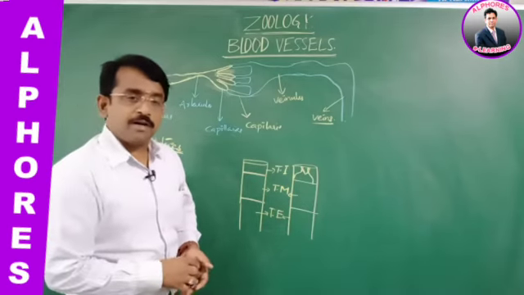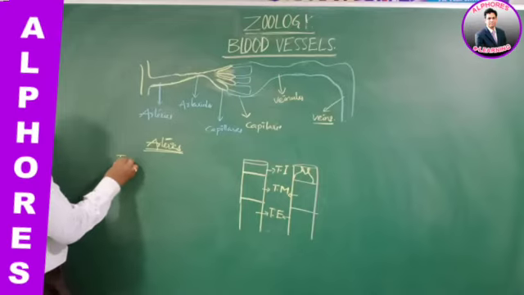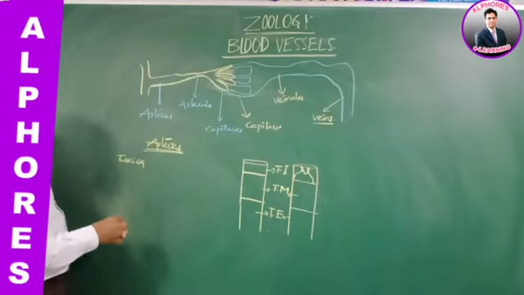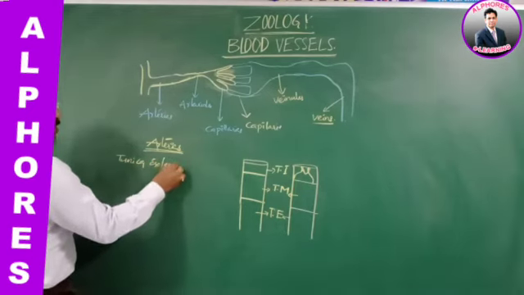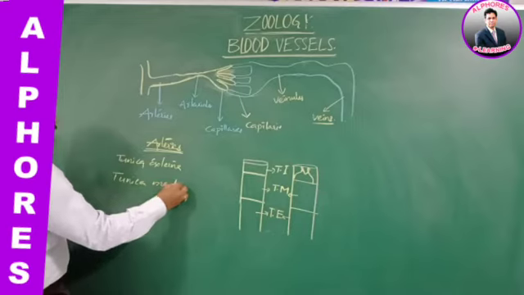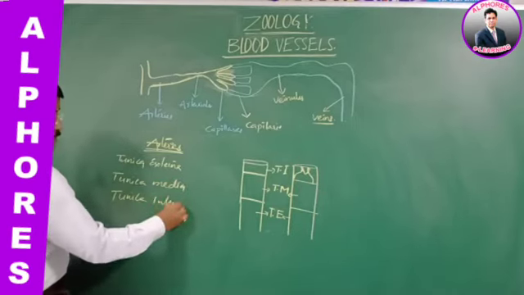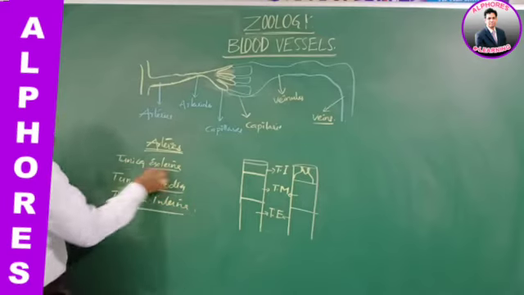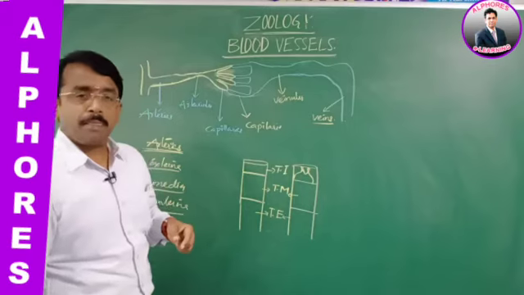So the wall of the blood vessels has the tunica externa, which is also named the tunica adventitia, the tunica media, and the tunica interna. These are the three layers of the wall of the blood vessels, the artery and the vein.